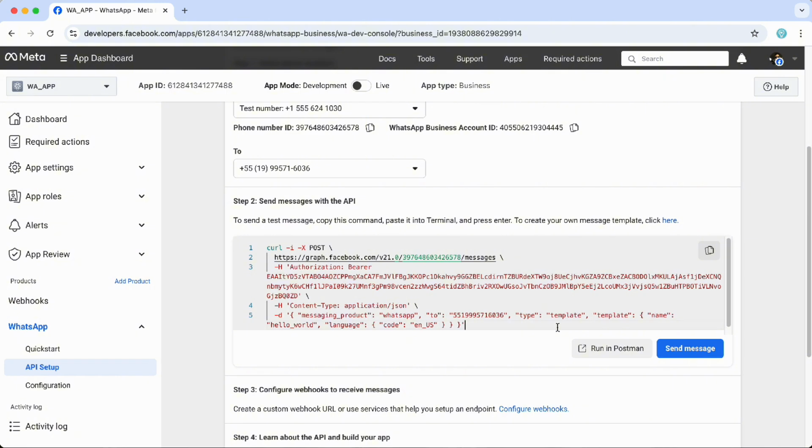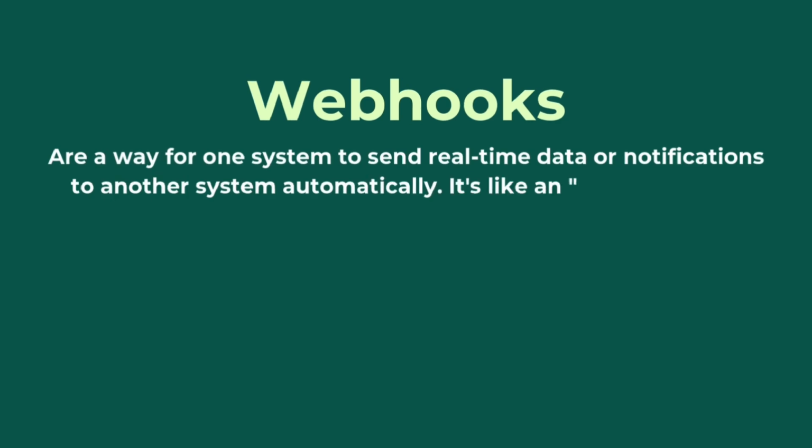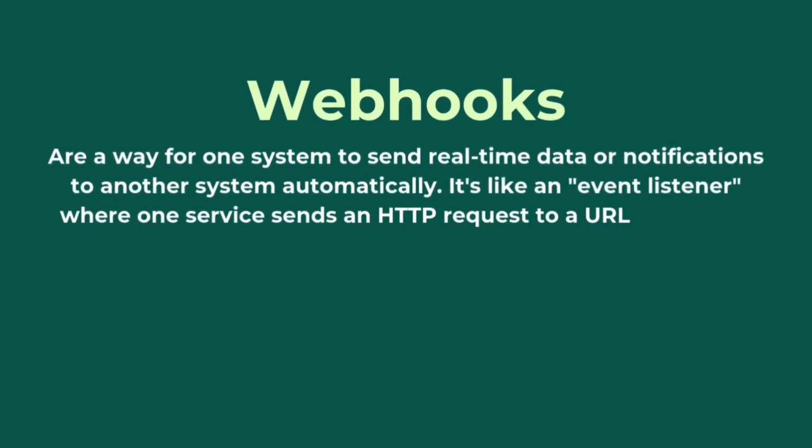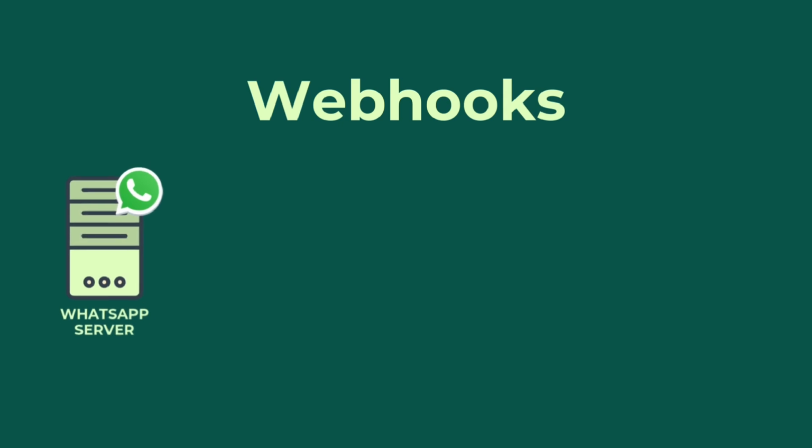Before we start coding, let's understand what a webhook is and how the WhatsApp API webhook works. Webhooks are a way for one system to send real-time data or notifications to another system automatically. It's like an event listener where one service sends an HTTP request to a URL in another service when something happens. Imagine this: the WhatsApp server is waiting for events to happen, like a user sending a message to our company's phone number.